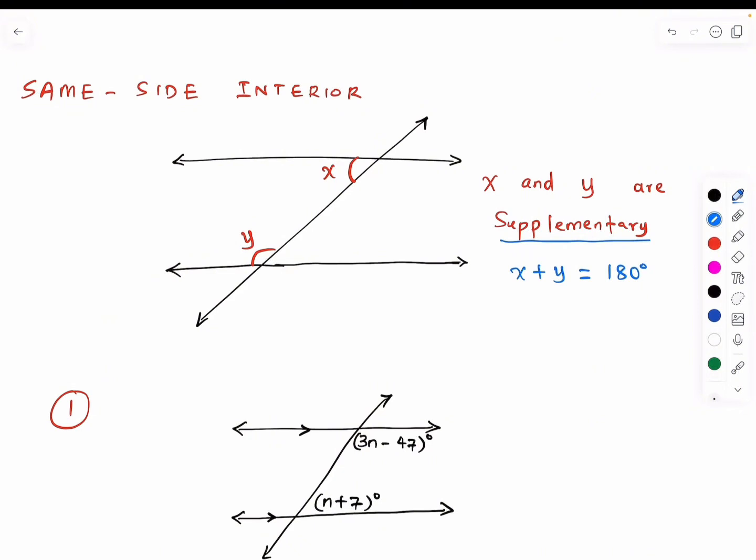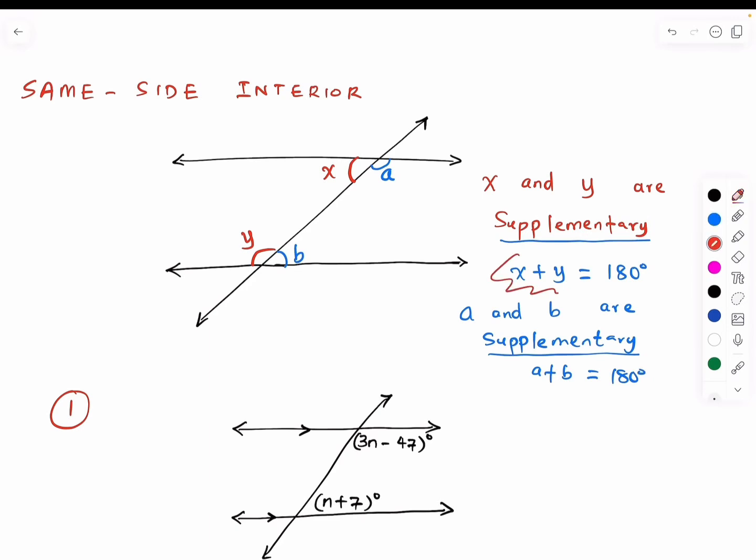Let's say this one is A and this one is B. A and B are also supplementary, because they are on the same side and they are both interior angles. So A plus B is equal to 180 degrees.